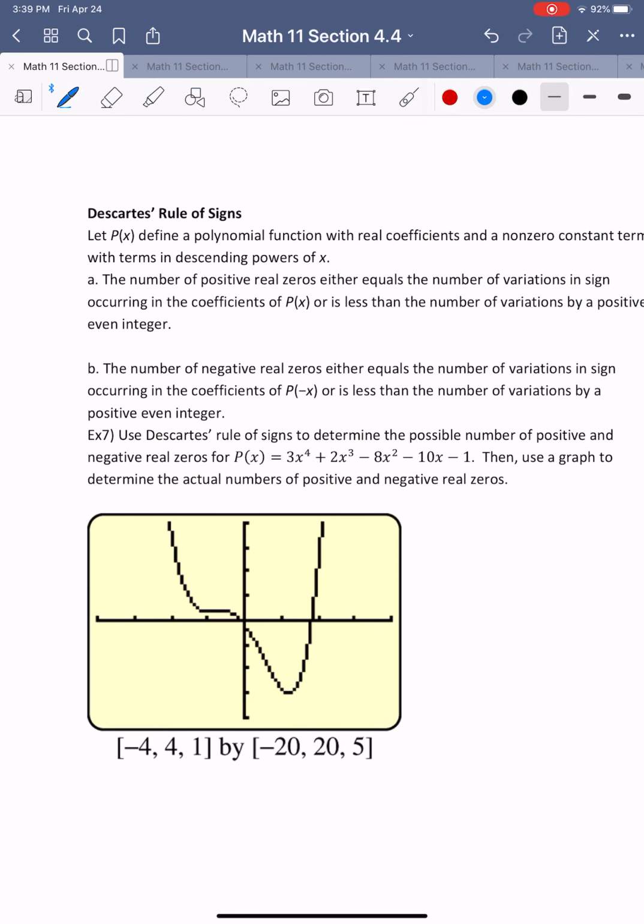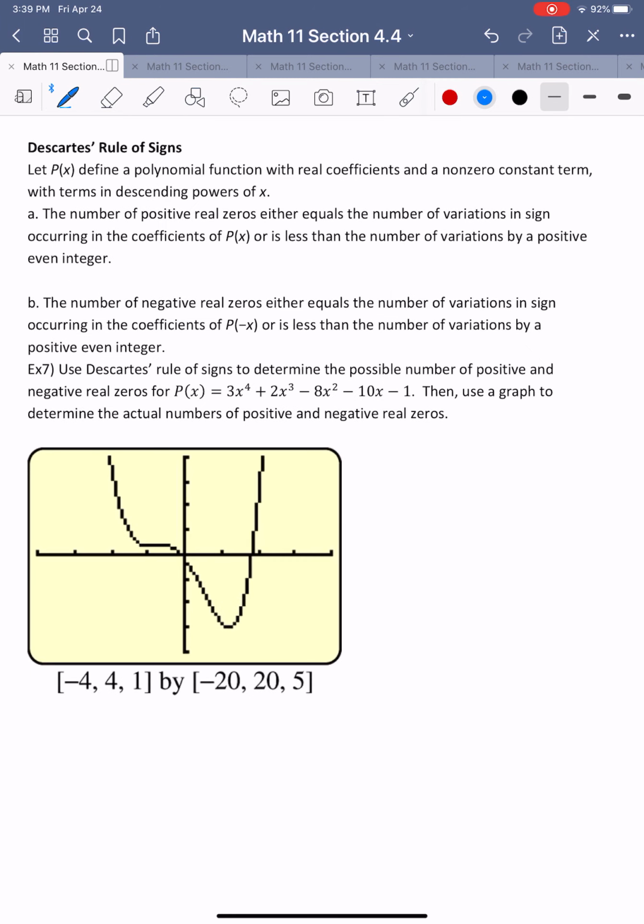All right, let's talk about Descartes' rule of signs. This is actually kind of fun to check, but this is the more formal way to define it. Let p of x define a polynomial function with real coefficients and a non-zero constant term, with terms in descending powers of x.